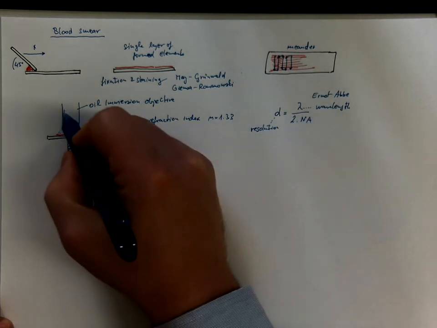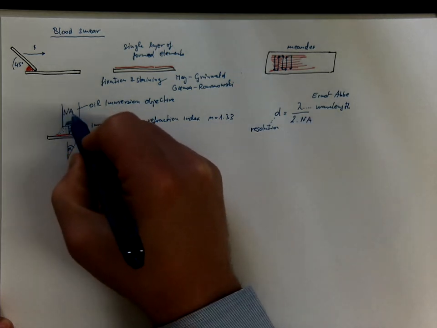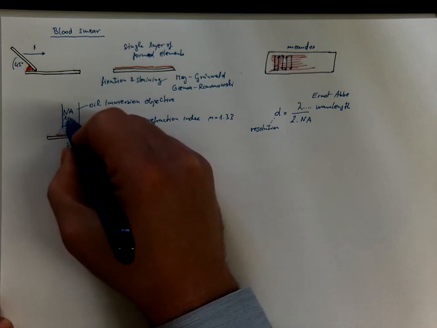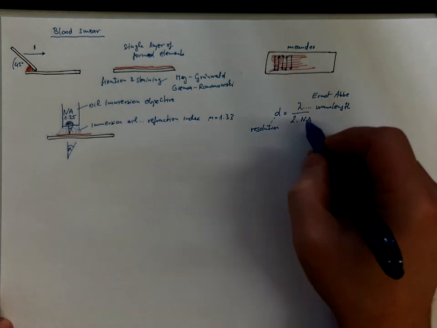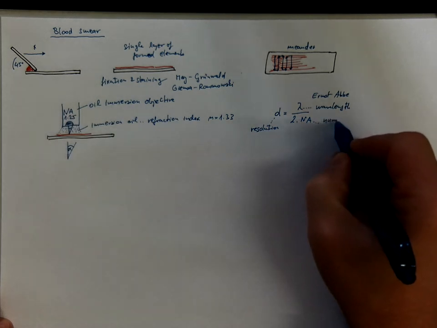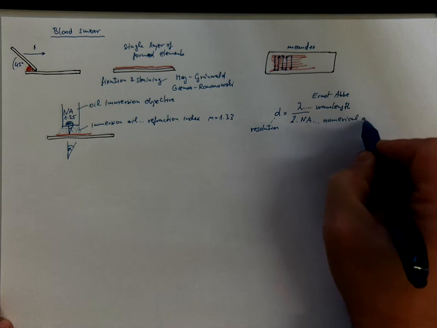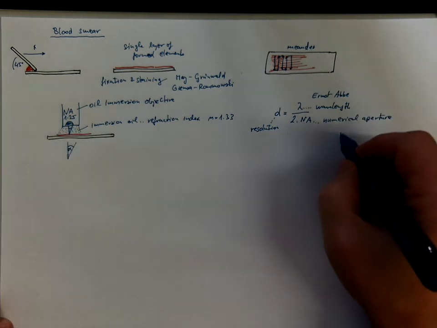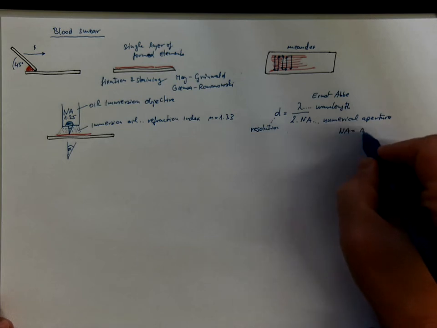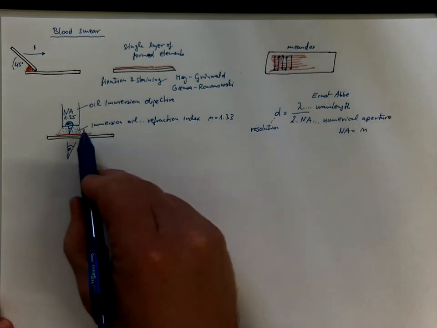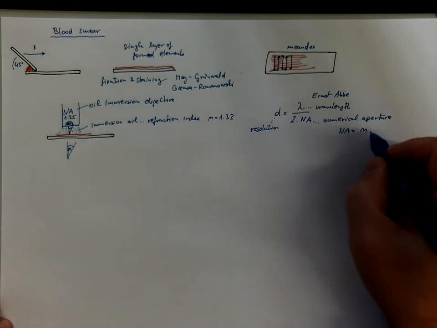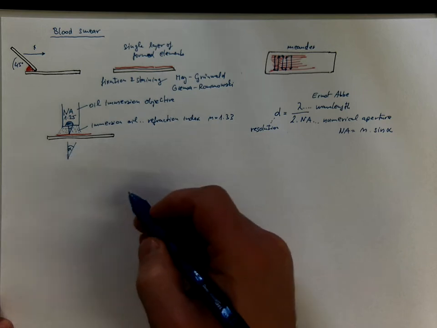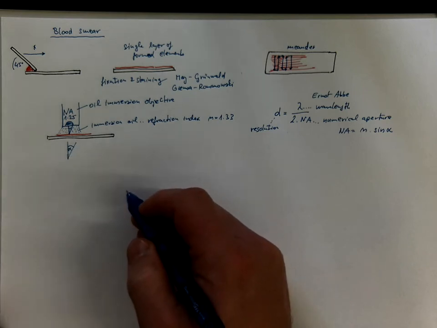Now, numerical aperture is a property of your objective. Let us take an example of numerical aperture, for example 1.25. It's n, which is the refraction index here, times sine alpha, which was the half entrance angle.